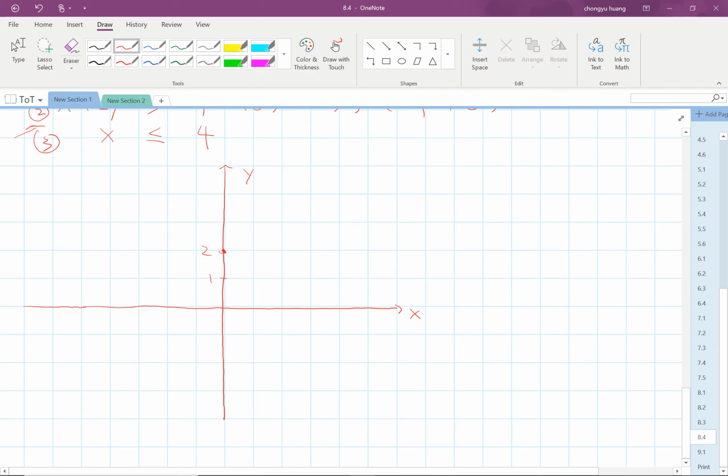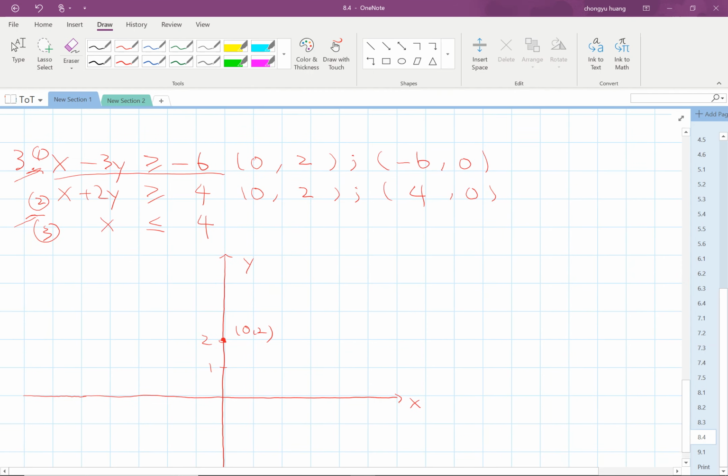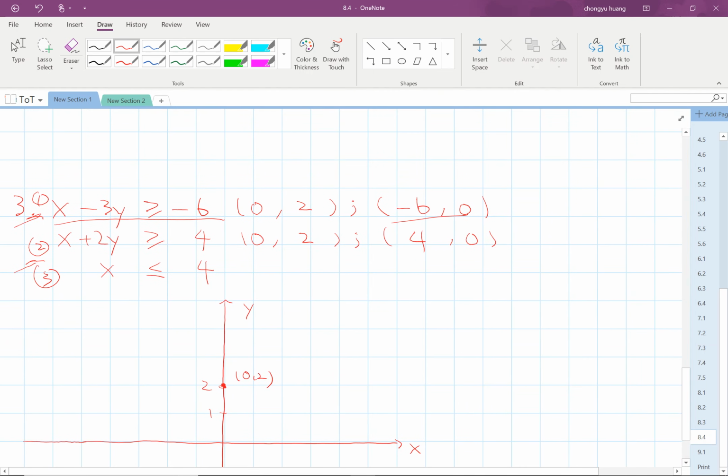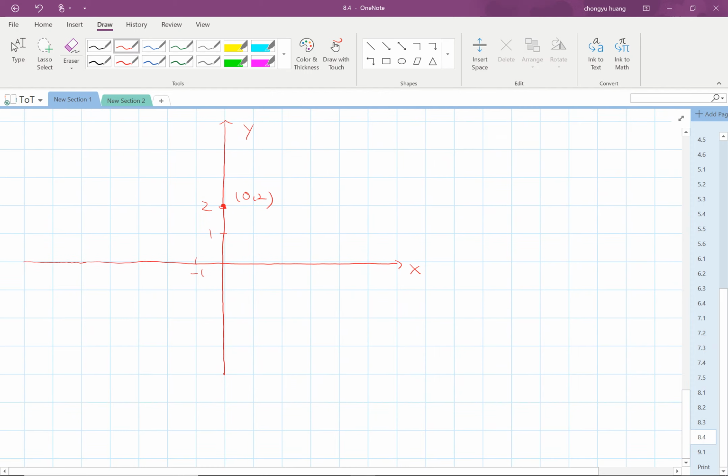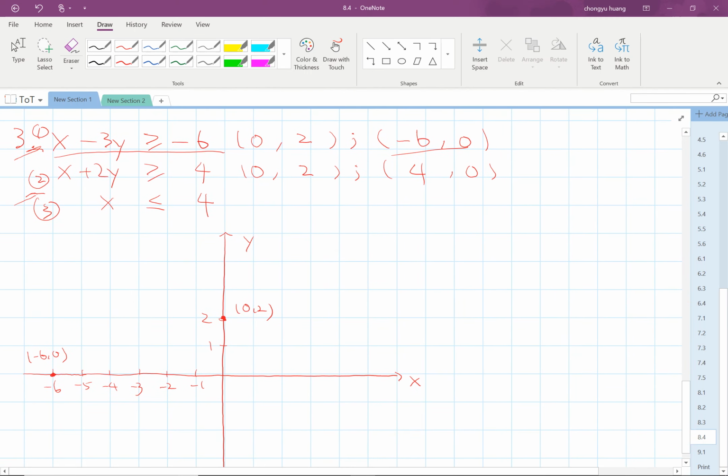Our second point is -6, 0, so let me label it -1, -2, -3, -4, -5, and then -6. So we have a point over here which is -6, 0.